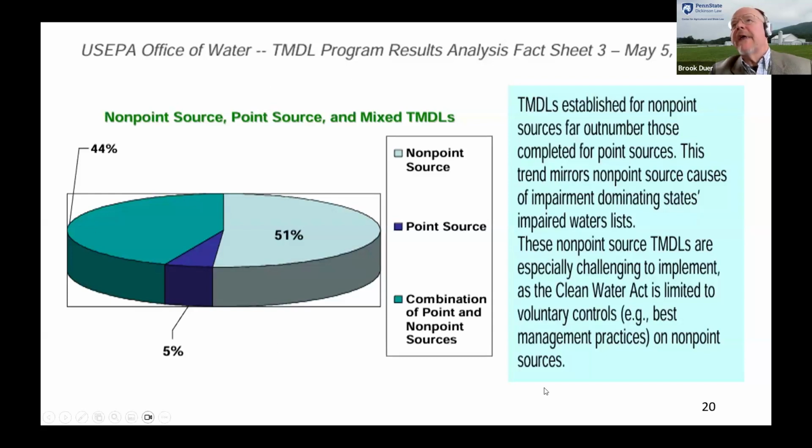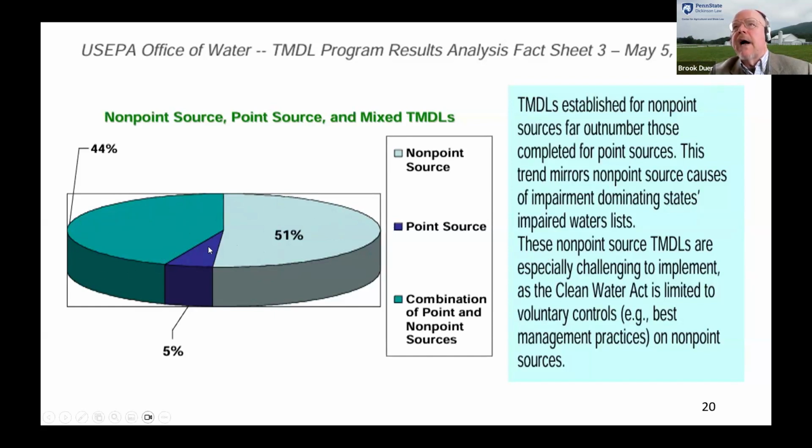This gives you some insight into the TMDLs that had been implemented by 2009. 51% of them were non-point source, or essentially attributable to non-point source exclusively. 44% of them were combinations of non-point sources and point sources.